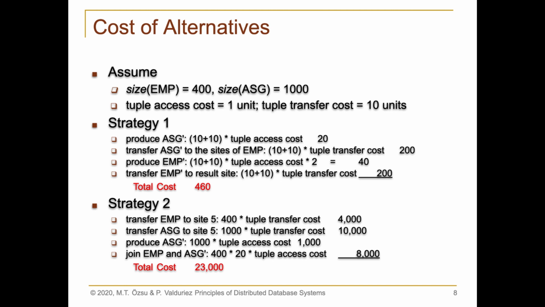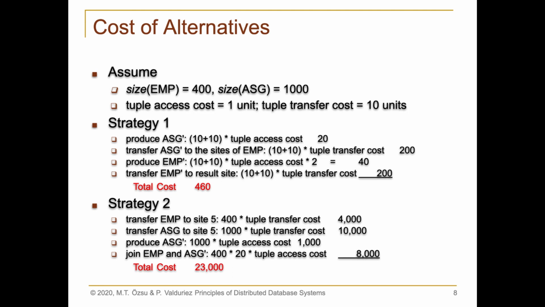So it's usually recommended to access and filter fragments in a way that reduces their size before transferring them to the target site. Accordingly, strategy 1 first produces assignment prime, which is the union of assignment 1 prime and assignment 2 prime, which belong to site 1 and site 2.